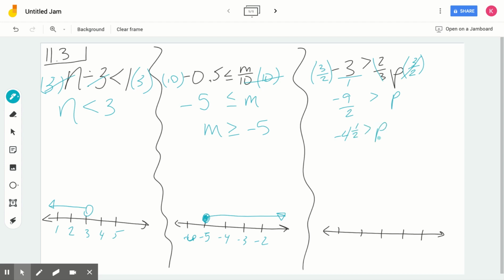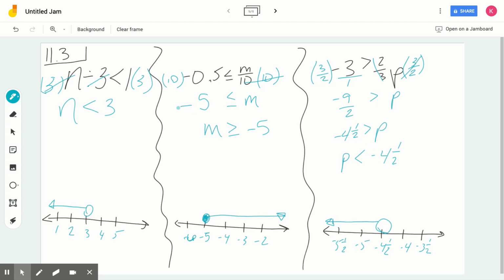And again, the variable's on the right side, so we want to rewrite it. We can go ahead and label our number line. p is less than negative 4 and 1/2, so open circle, shading to the left.